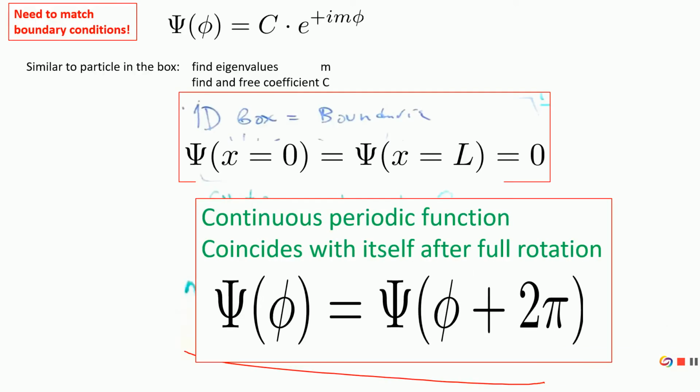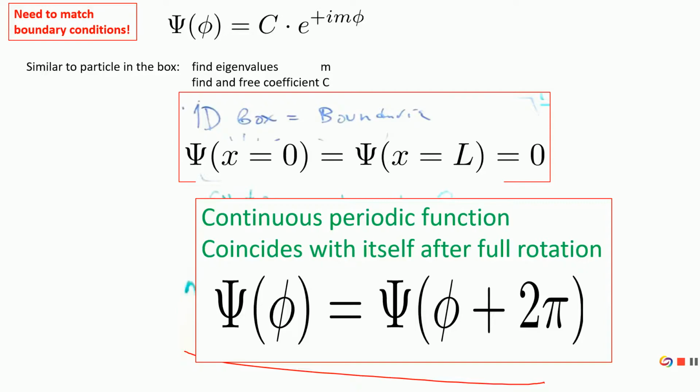We get the general solution with the same functional form as a plane wave in free space. So the exponential has an imaginary power, and something is accumulating, going forward in this power.